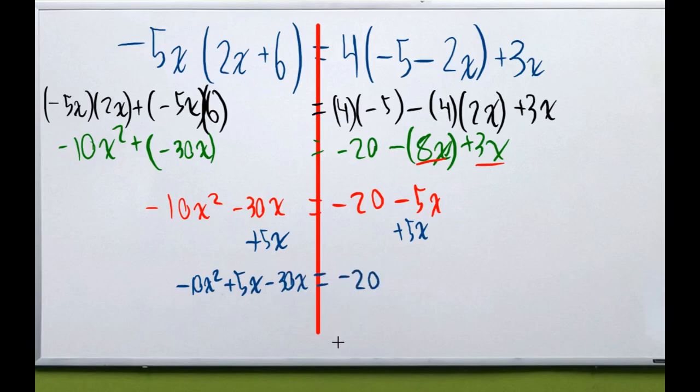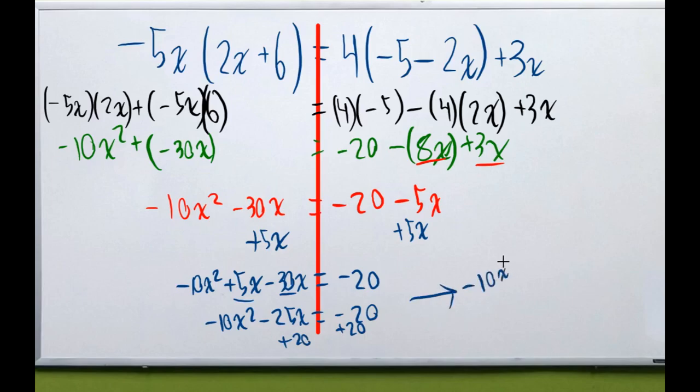Okay, so now we have to combine these like terms to get negative 10x squared minus 25x, because 5x minus 30x is negative 25x equals negative 20. And let's go ahead and move this negative 20 to the left side. Let's do that by adding, because the opposite of subtraction is addition. So we have negative 10x squared minus 25x plus 20.